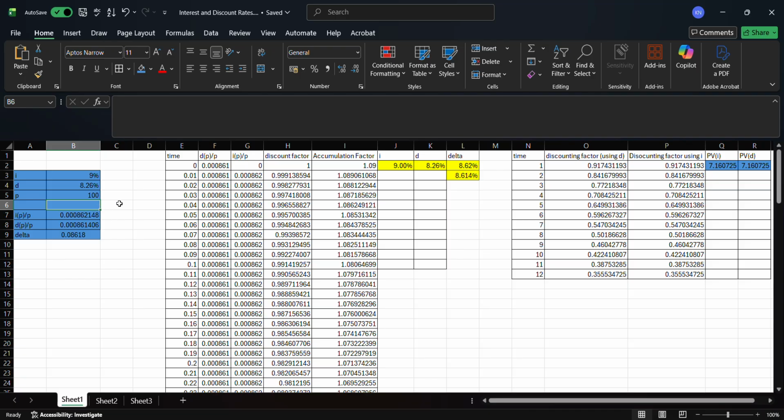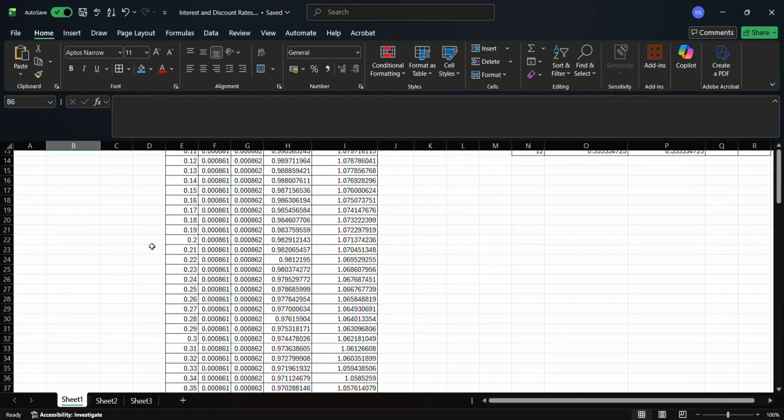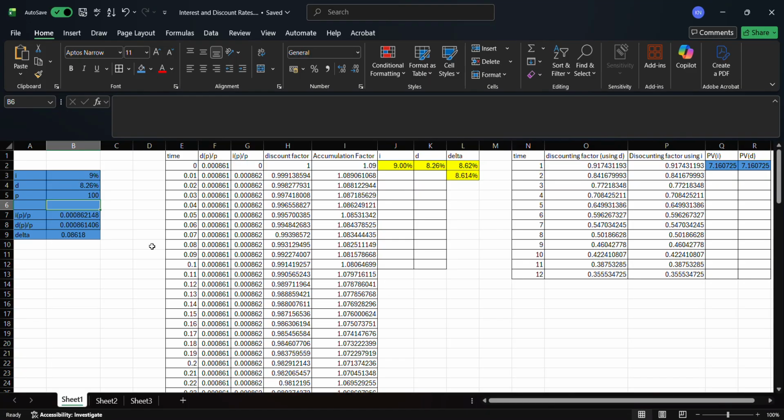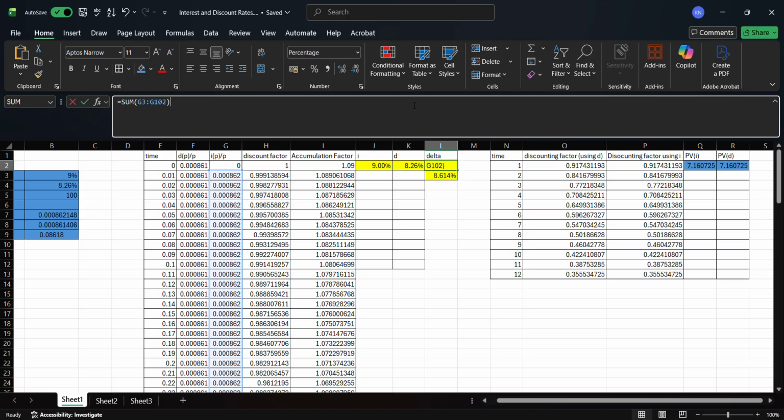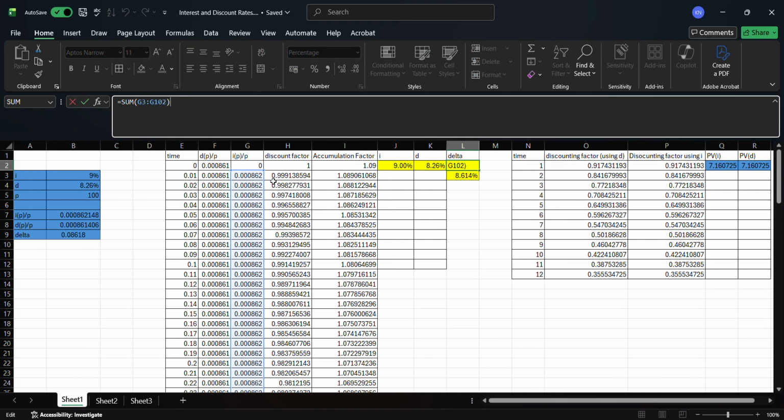I divided my main interval, my year, into 100 sub-intervals, whatever that is. It's not months or weeks. I don't know what 100 sub-intervals in a year would be. But I did all the same calculations. Of course, now everything is times 100. And because there were more sub-intervals, the delta is more accurate here.